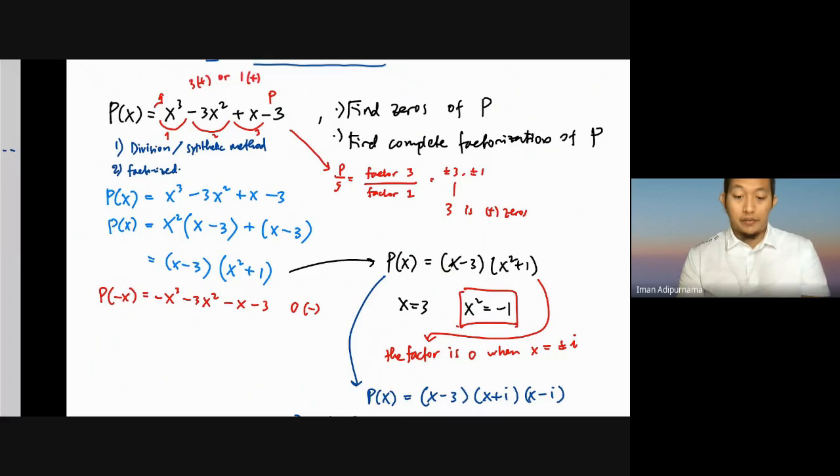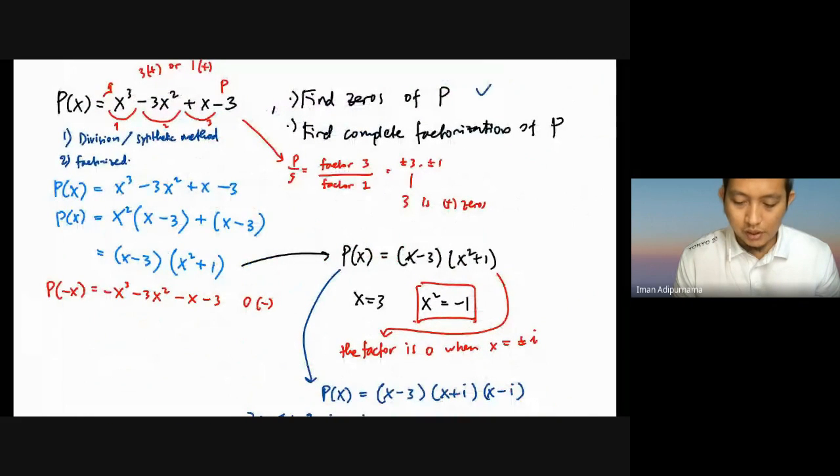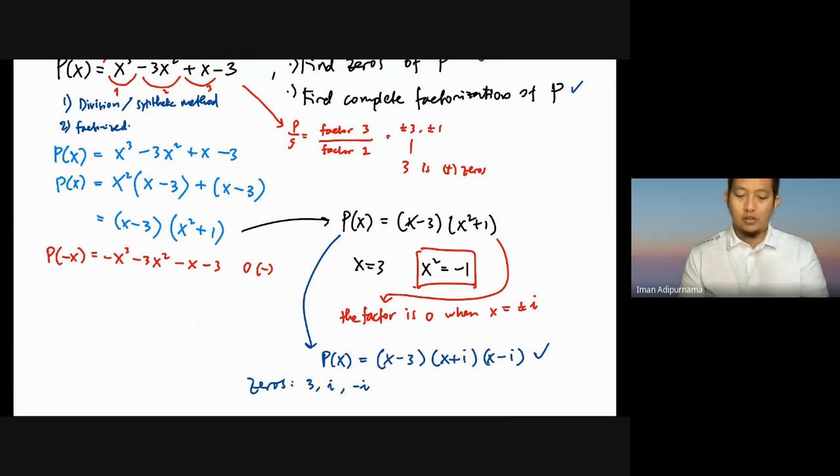So we have answered 2 questions from here. We find the zeros of p, and then we complete the factorization. This is the complete factorization for a polynomial p.